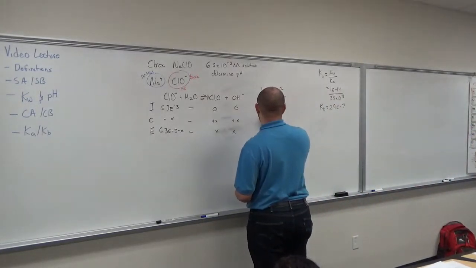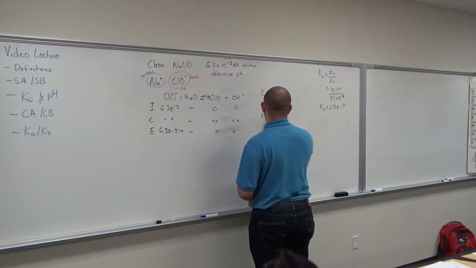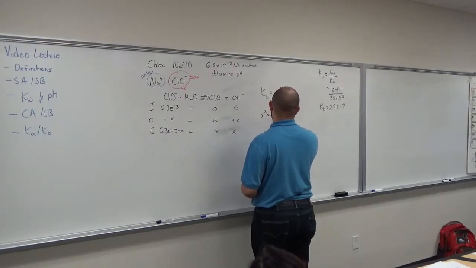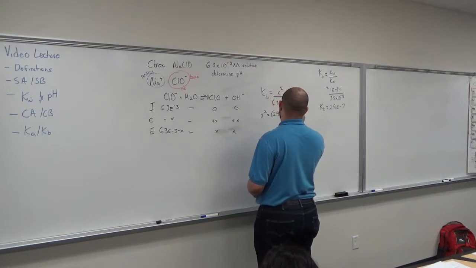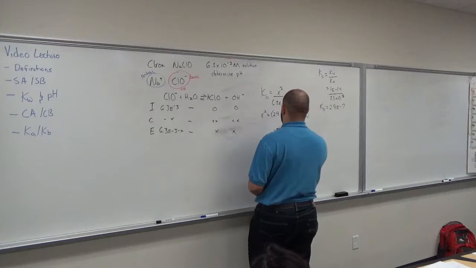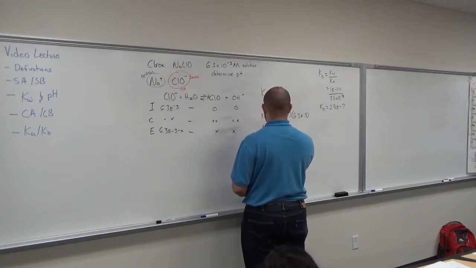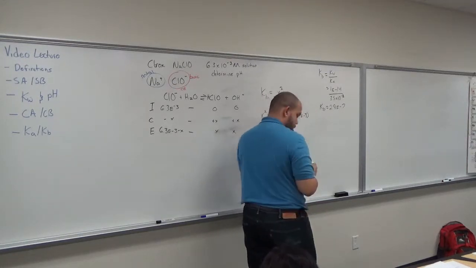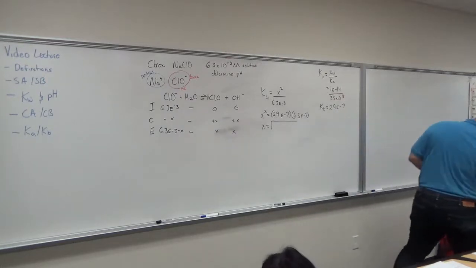We end up with then x squared equals 2.9 e to the negative 7 times 6.3 e to the negative 3. Therefore, x is equal to the square root of whatever that number is.